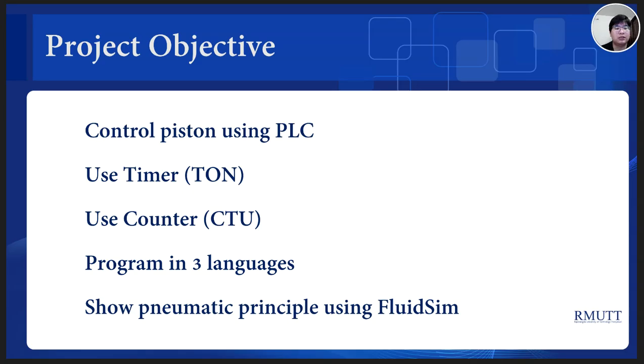Second, I use a counter, CTU, to count the number of working cycles. Third, I implement the same logic in three programming languages. Finally, FluidSIM is used to show the pneumatic working principle.